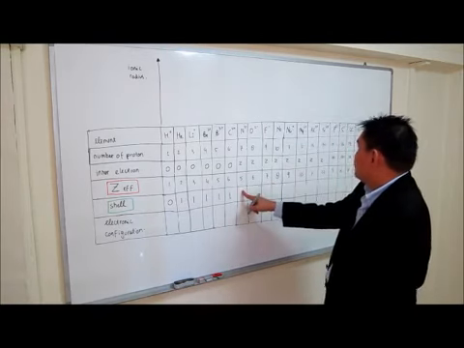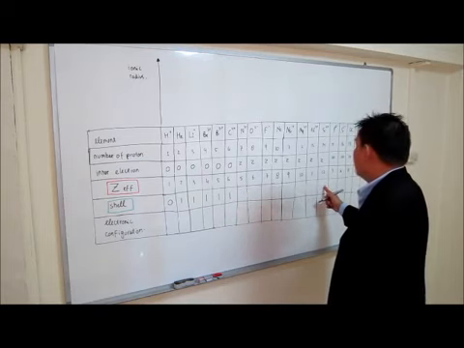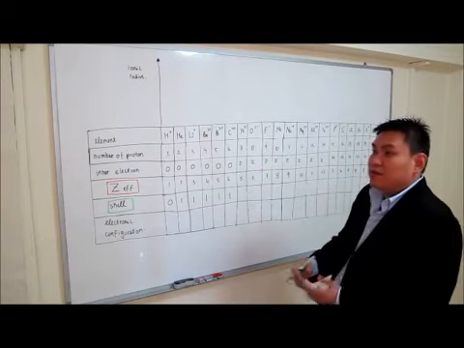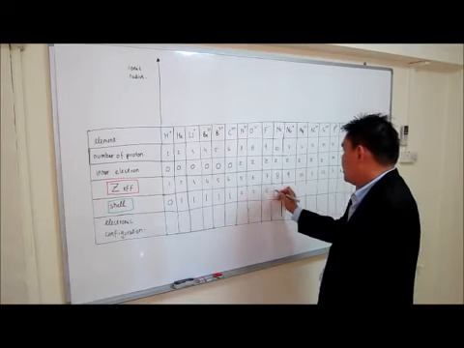From nitrogen 3 minus to silicon 4 plus, each of them has 10 electrons, 2 on the first shell, 8 on the second shell. So they have 2 shells.